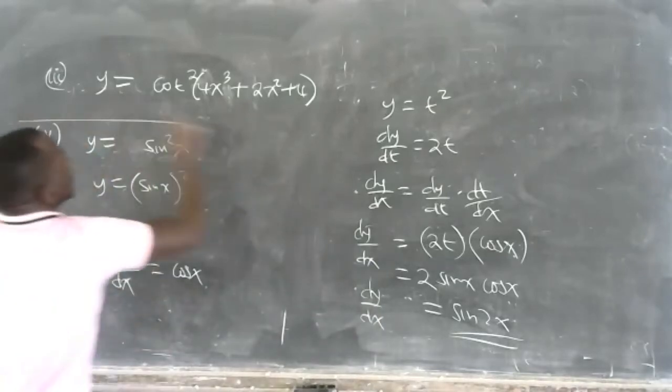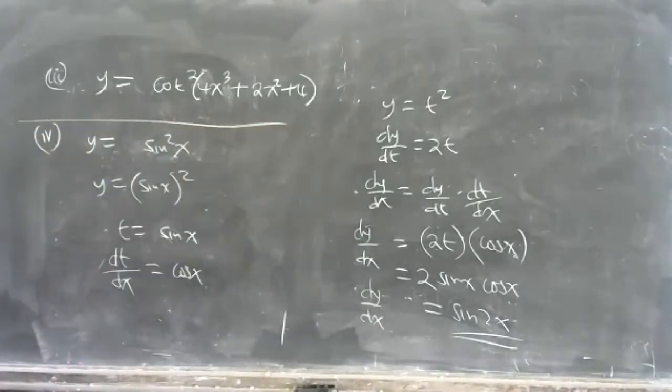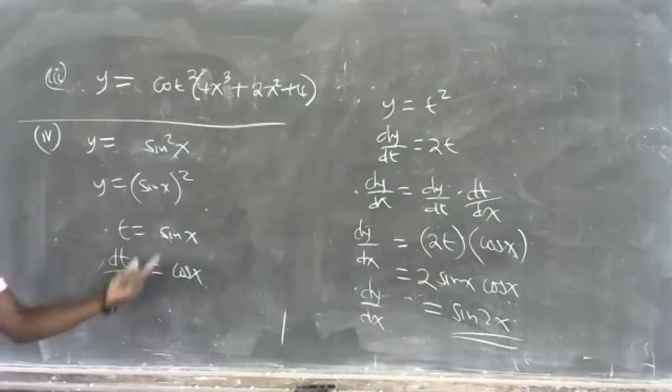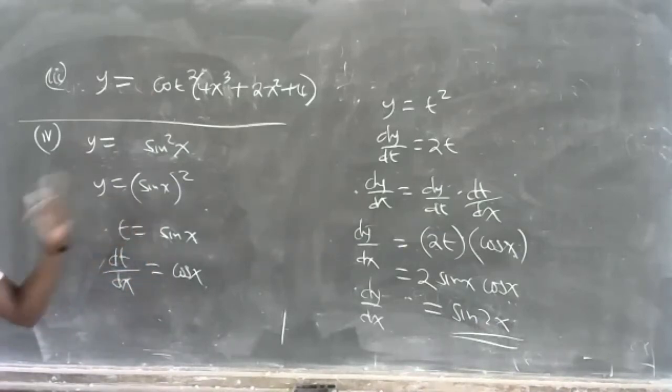So if you have a power, you take the power out, you let your t be the inner bracket, then you differentiate.